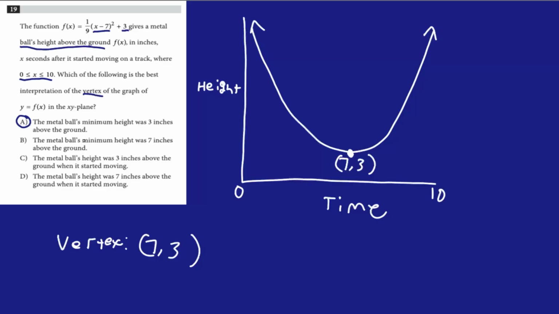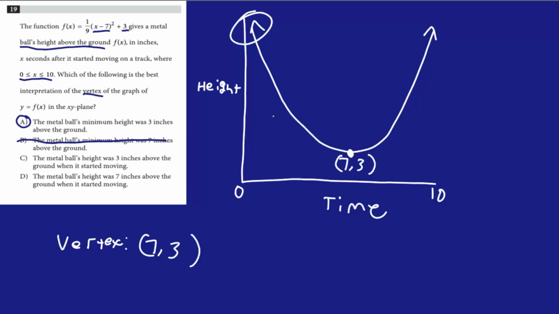But I'm going to go through all the choices and just walk through them, make sure we didn't miss anything. B says the metal ball's minimum height was 7 inches above the ground. So no, the 7 in this context means the minimum occurs at 7 seconds after the ball is dropped. So that is not going to be the answer. C says the metal ball's height was 3 inches above the ground when it started moving. No, when it started moving over here, you can see it's going to be somewhere up here.